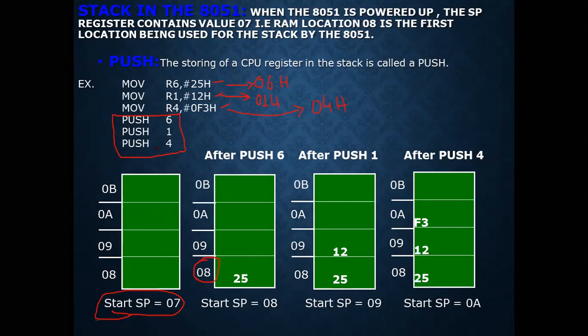After that, the data in memory location 06H is to be stored into the top of the stack. The top of the stack is now 08H. Push 6 means, what was in the R6 register? 25H. That 25H is stored into memory location 08. Understood or not?